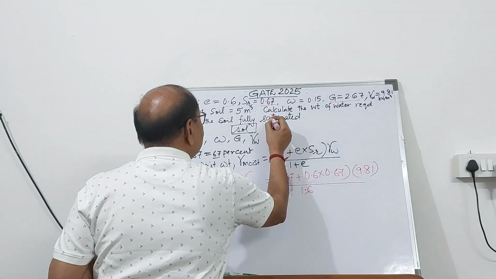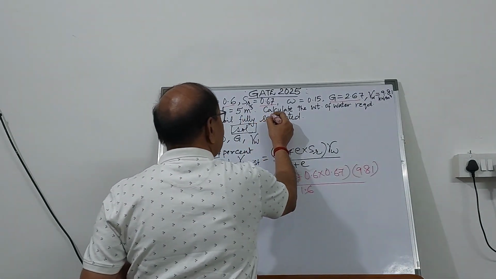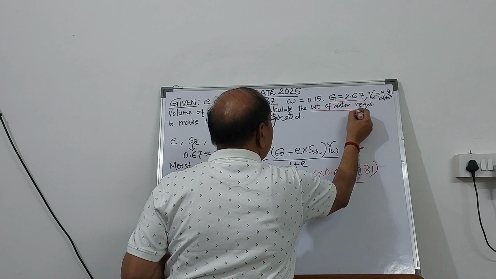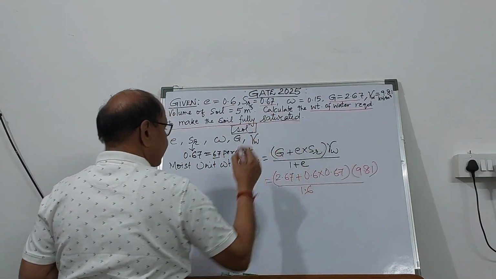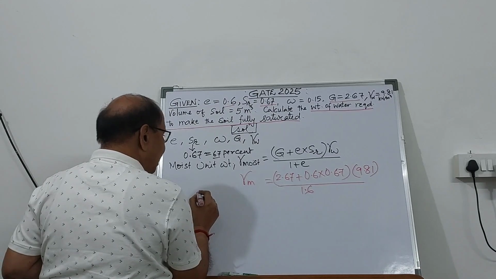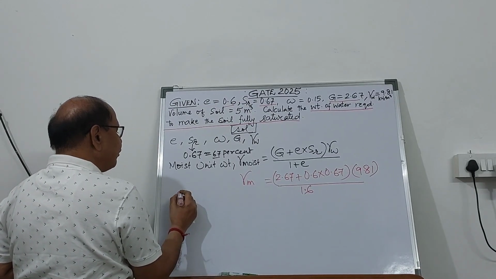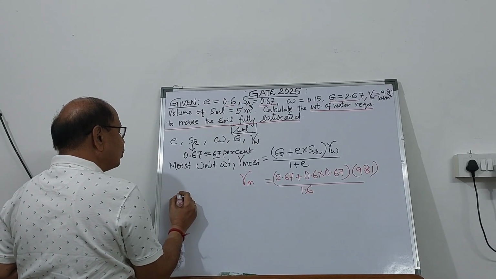Now what you need to calculate is the weight of water required to make the soil fully saturated. To make the soil fully saturated, the unit weight will be gamma saturated.